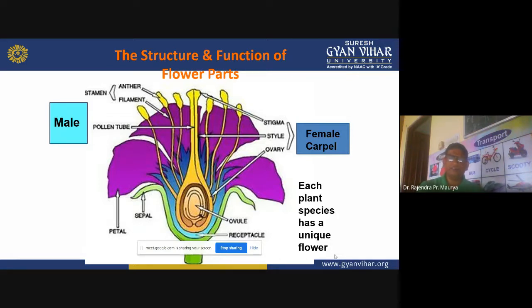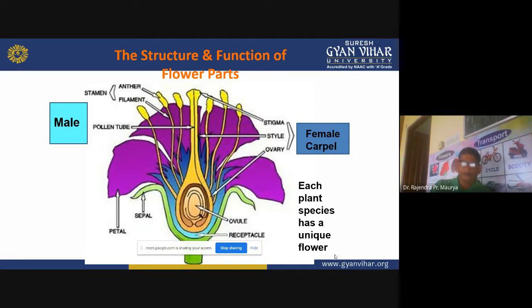Or in some plant species, if either the androecium or the gynoecium is missing, then we say these are unisexual flowers. This is the very basic thing: if male and female parts are both present on the same flower, that is a bisexual flower.